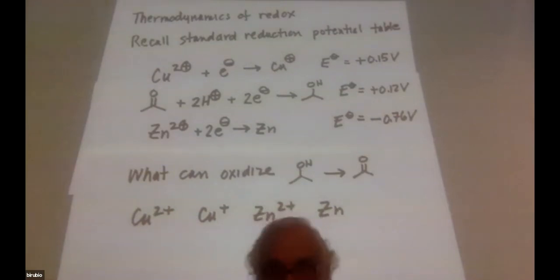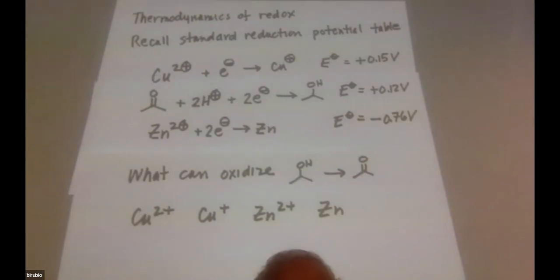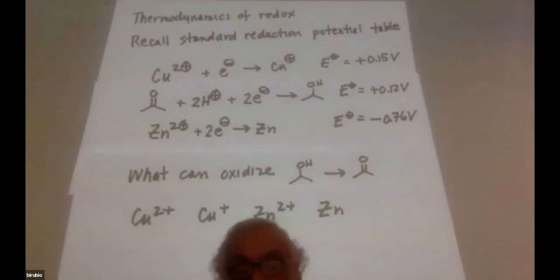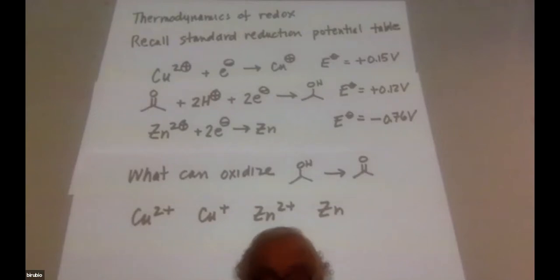Okay, so you're looking at all the data, you're looking at your menu of choices. Tell me in the chat, what can oxidize the alcohol to a ketone? All right, now someone told me copper, but you have to tell me whether it's copper plus or copper 2+.